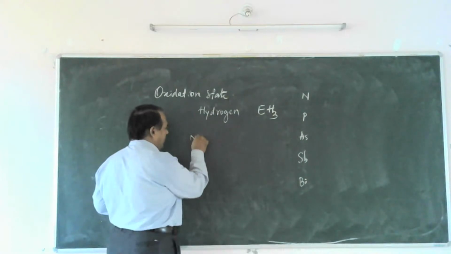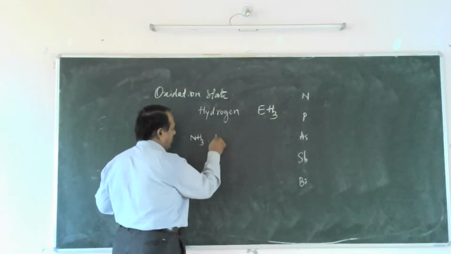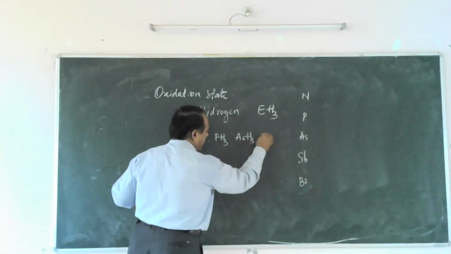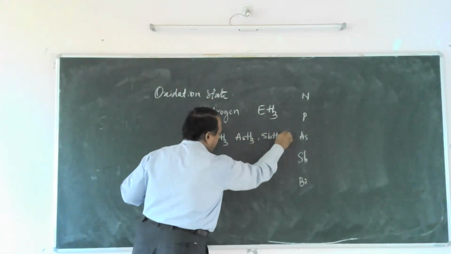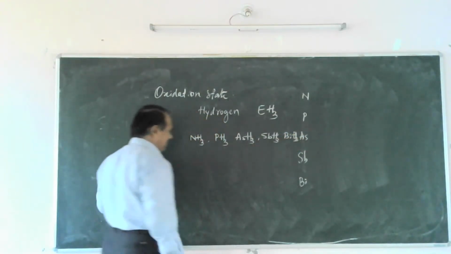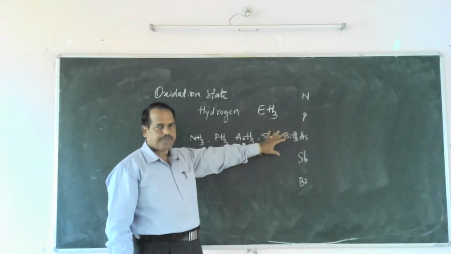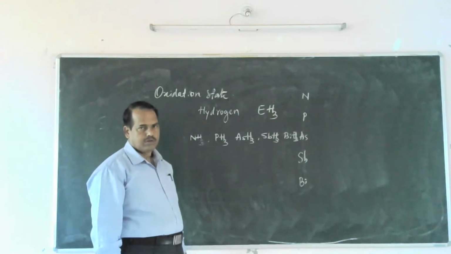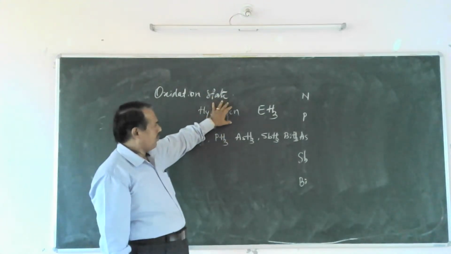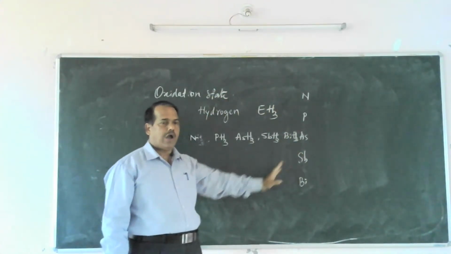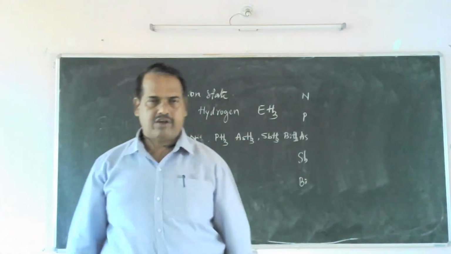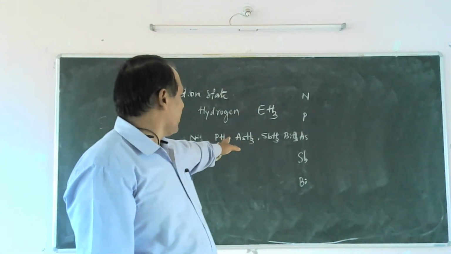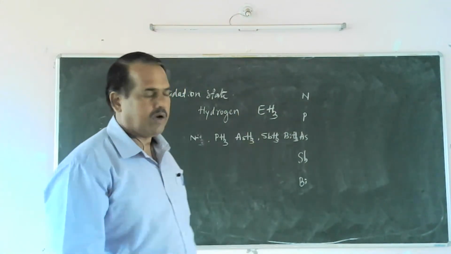If it combines with nitrogen, you get NH3, which is ammonia, then PH3, AsH3, SbH3, and BiH3. You have to compare different properties of these hydrides.